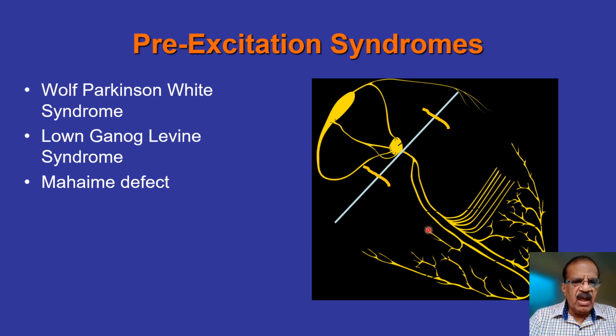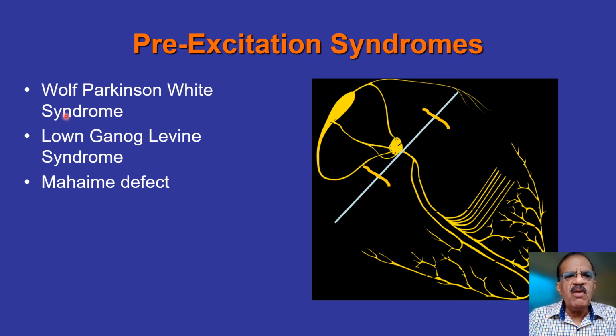Anomalous is something which is abnormal, should not be there. So there is a small fascicle, a small branch of specialized muscle which can pass the current, and it may be situated anywhere. And there are three patterns actually: Wolff-Parkinson-White syndrome, Lown-Ganong-Levine syndrome, and Mahaim defect.